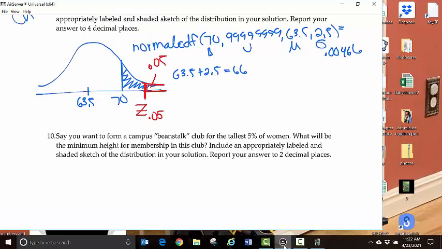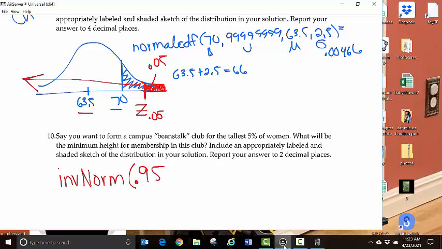We have the percent, right? We have the mean, we have the standard deviation, so we can just use inverse norm. Now, in your calculator, you would put in 0.95, because inverse norm goes to the left.